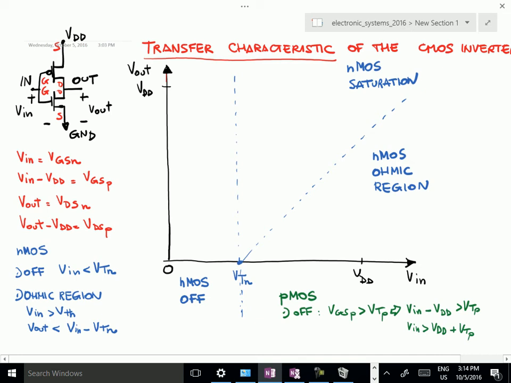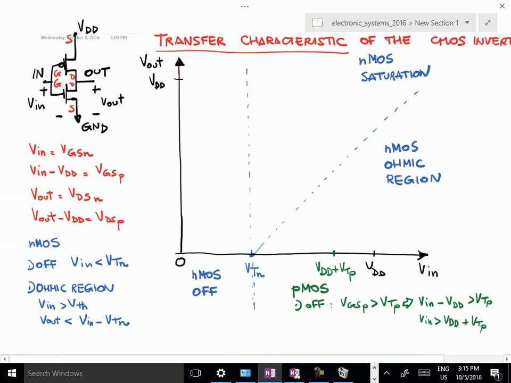Okay, so VTP is negative, as we have said before. So for example, this point is VDD plus VTP.